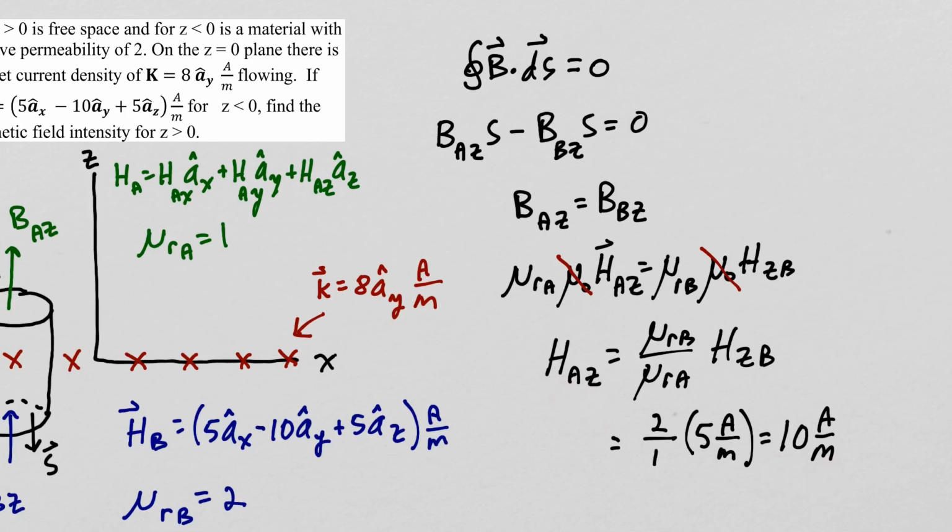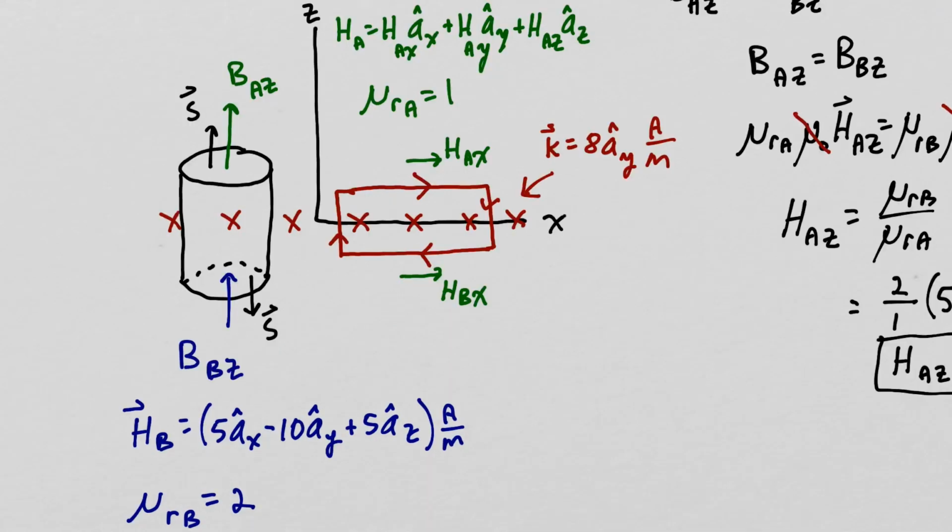So now we have to find H sub Ax and H sub Ay, and we're going to use Ampere's circuital law to do that. So here is our Amperian loop. So the integral of H dot dl around this loop will equal the current enclosed.